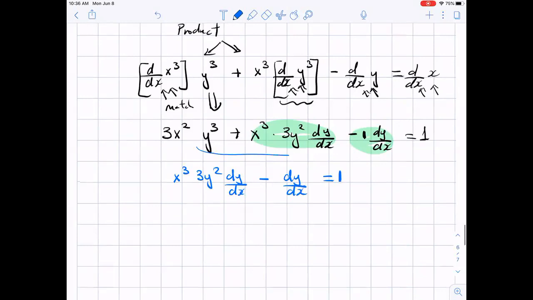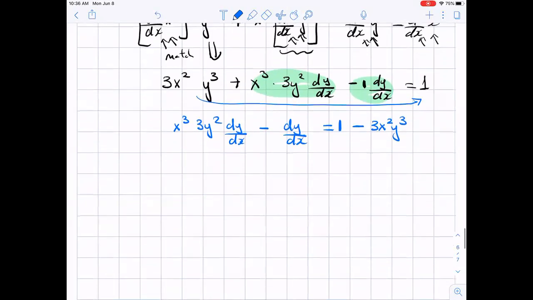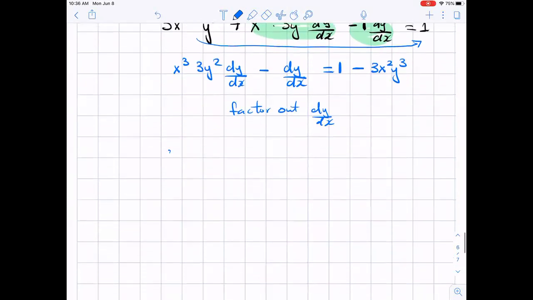And if you take this to the other side, then we end up with minus 3x squared y cubed. Now we factor out dy/dx. So we have dy/dx in brackets, which will leave me with x cubed times 3y squared minus 1, is equal to 1 minus 3x squared y cubed.